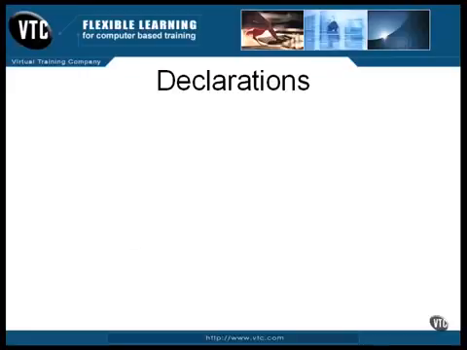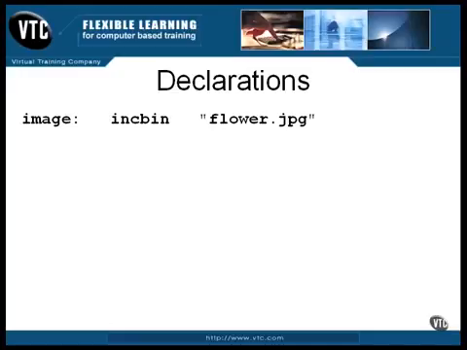There is one declaration pseudo-op that is so unique that it could be your entire reason for using assembly language. Imagine this situation. You have an image file, a JPEG or a GIF or an audio file or some other kind of binary file, and you'd like to include it unchanged inside your program. Well, you can do that with a statement like this. This includes the binary file unmodified as a block of bytes inside the program.